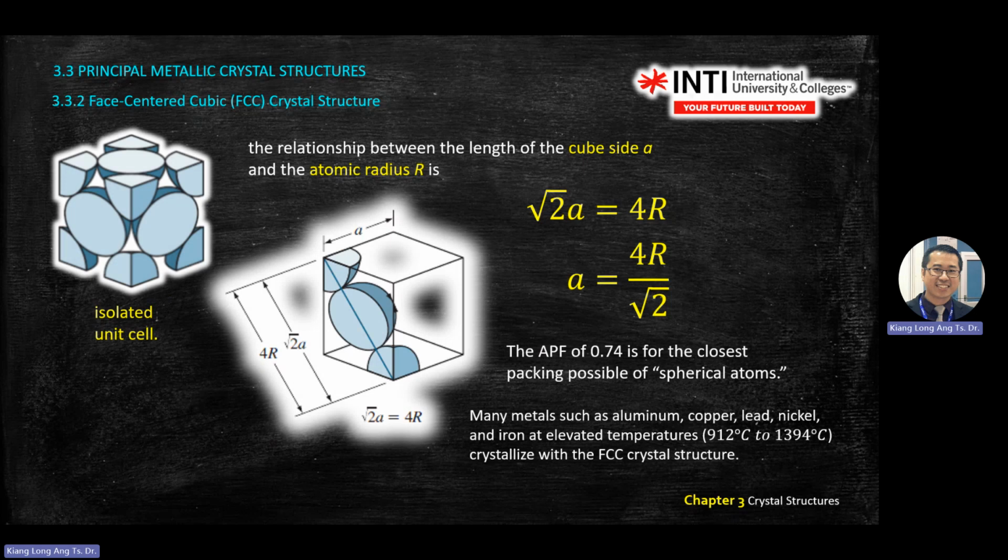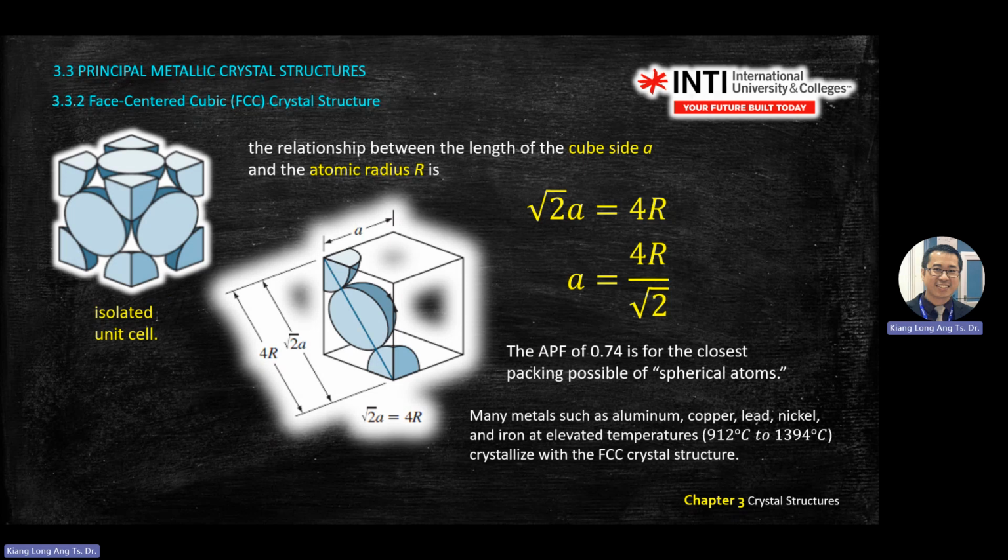How to get 0.74 without substituting value? APF equal to number of spheres multiplied by volume of sphere divided by volume of the cube. So volume of cube equal to a cube. And how many atoms for FCC? 4 multiply 4 over 3 pi r cube.